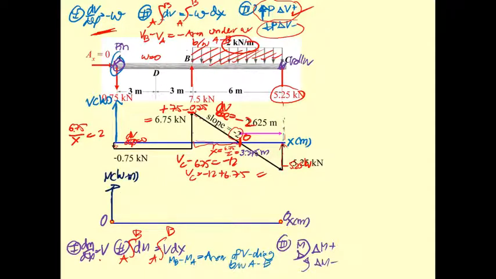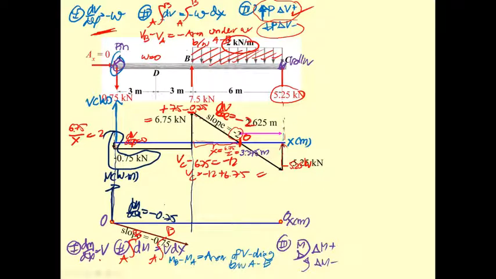Now we draw the moment diagram from the shear diagram. The slope from this portion is dM by dx equal to minus 0.75.